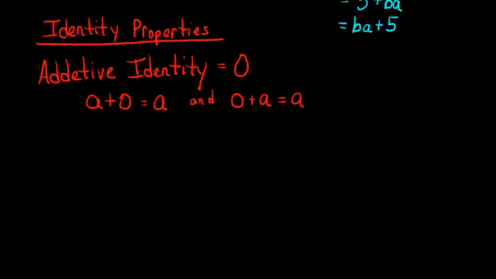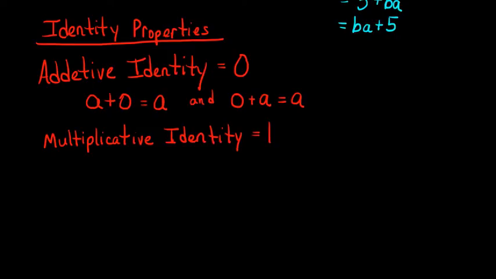Alright? So for multiplication, the multiplicative identity is when you multiply by 1. When you multiply any number by 1, you get that number again.